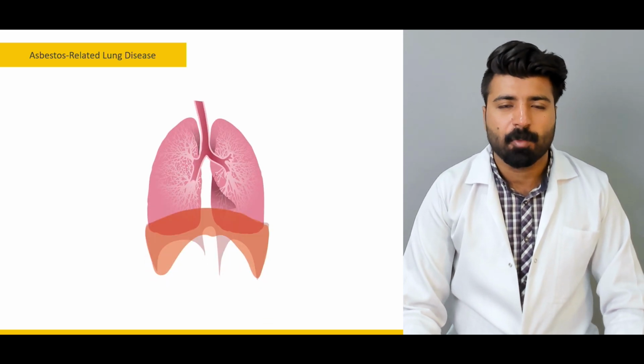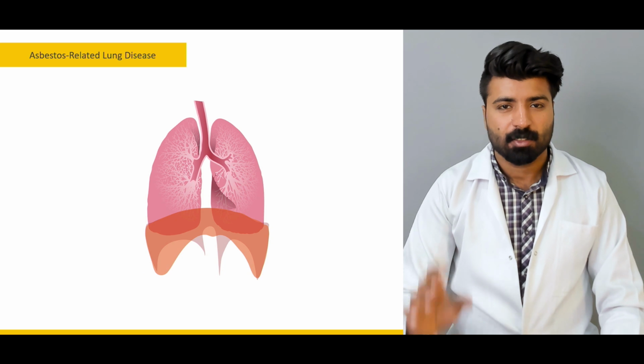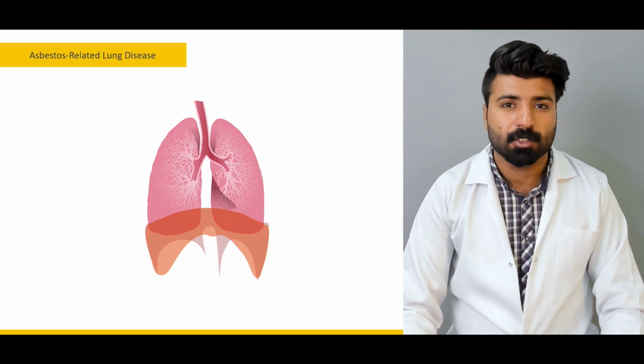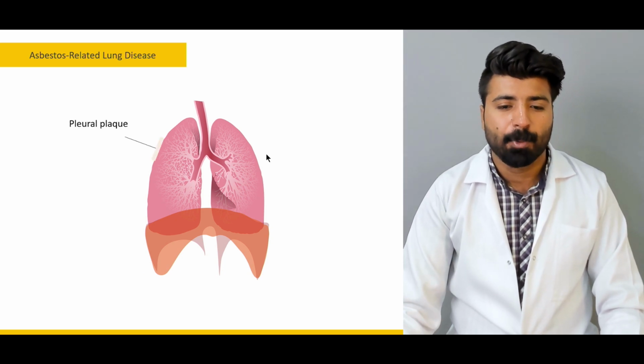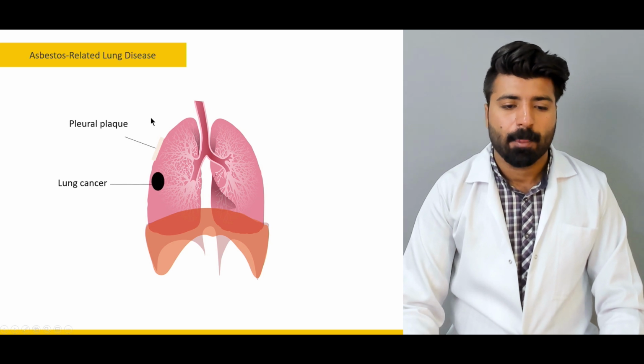Now let's talk about what will happen in asbestos-related lung disease. I'm going to name which pathologies are going to happen, and then we're going to talk about all of them in detail. First, it will be a normal lung, and when it's subjected to asbestos, what will happen? Pleural plaques will happen.